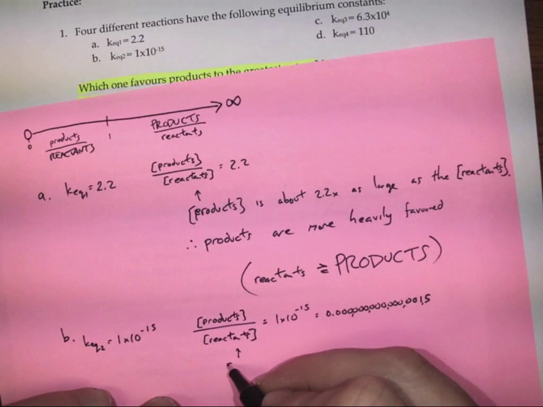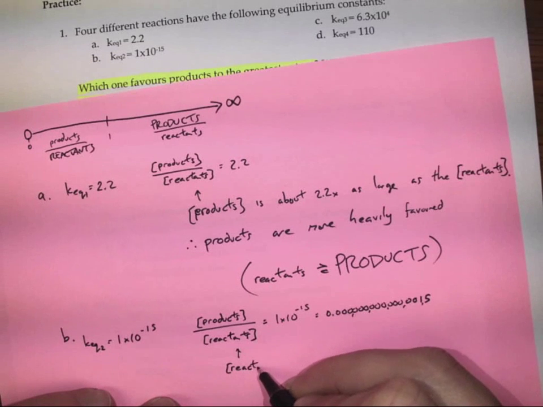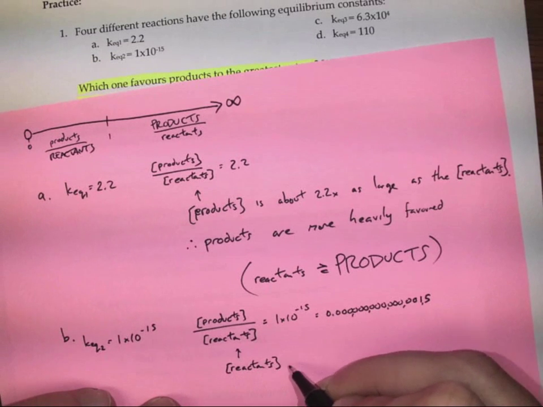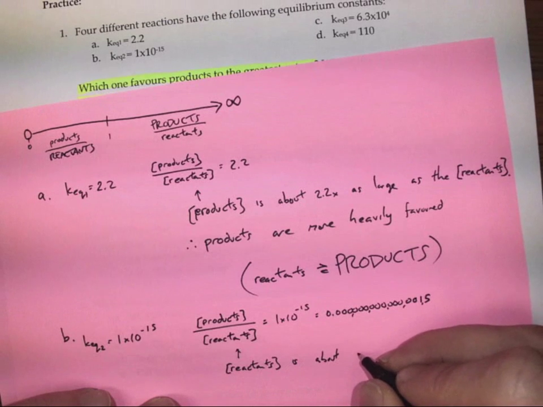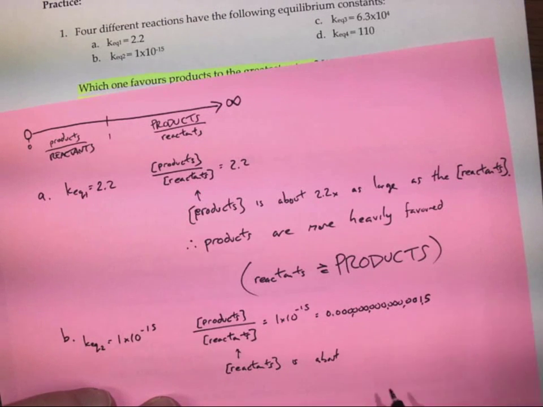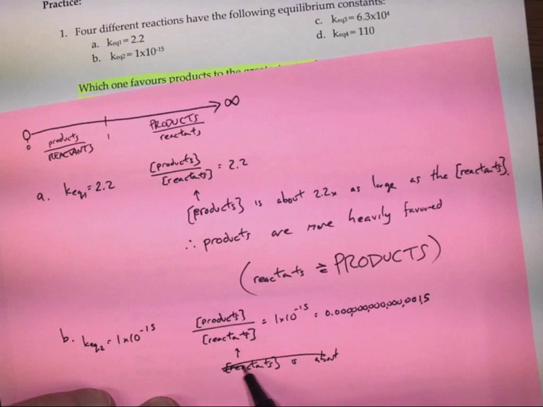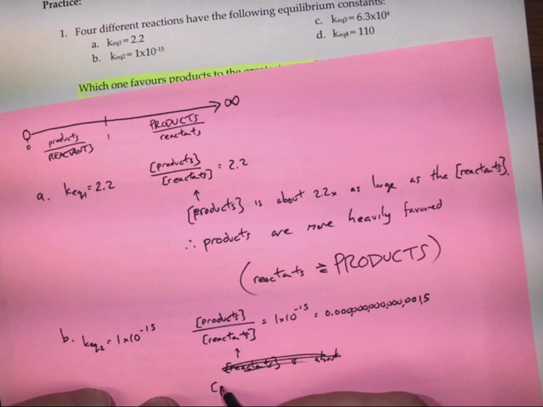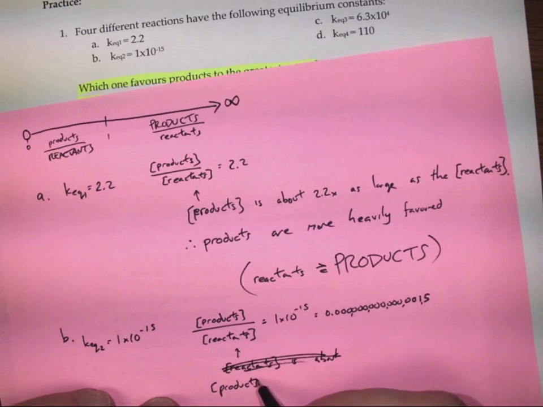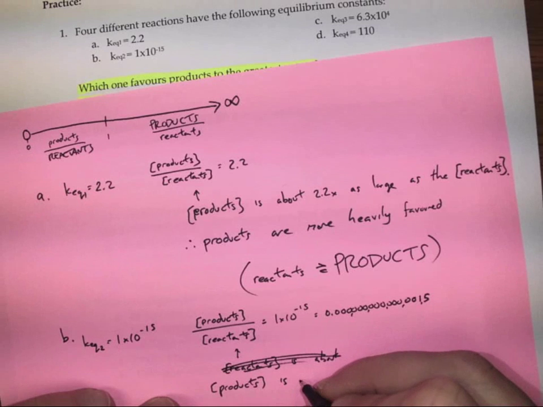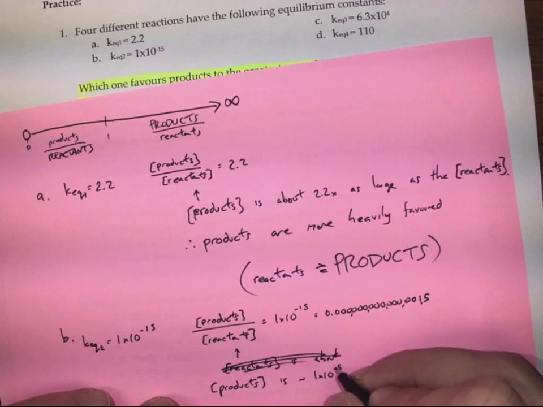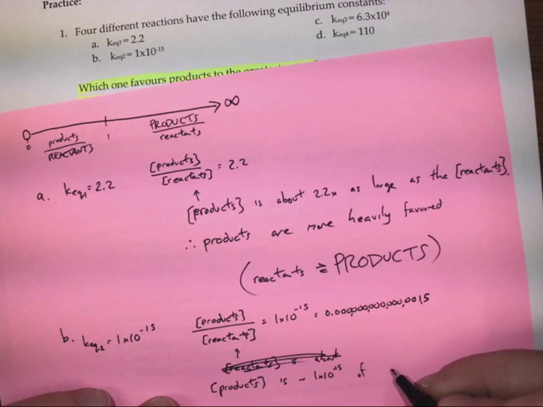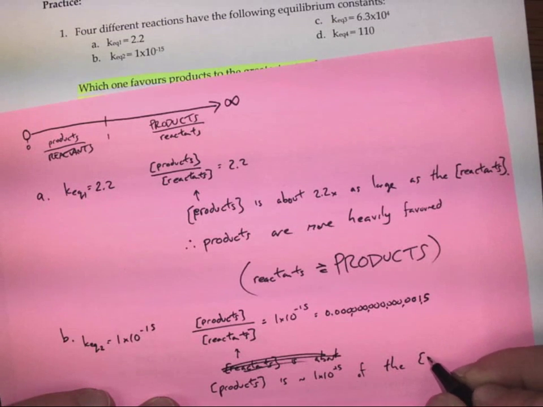So this says the concentration of reactants is about, you know what, maybe I'll reverse that. Let's say the concentration of products is about 1 times 10 to the negative 15 of the concentration of the reactants.